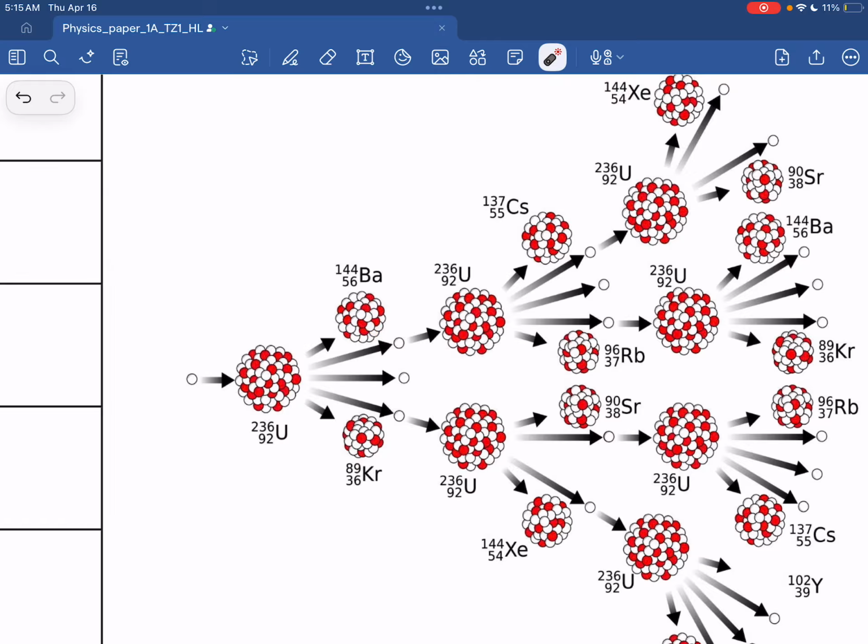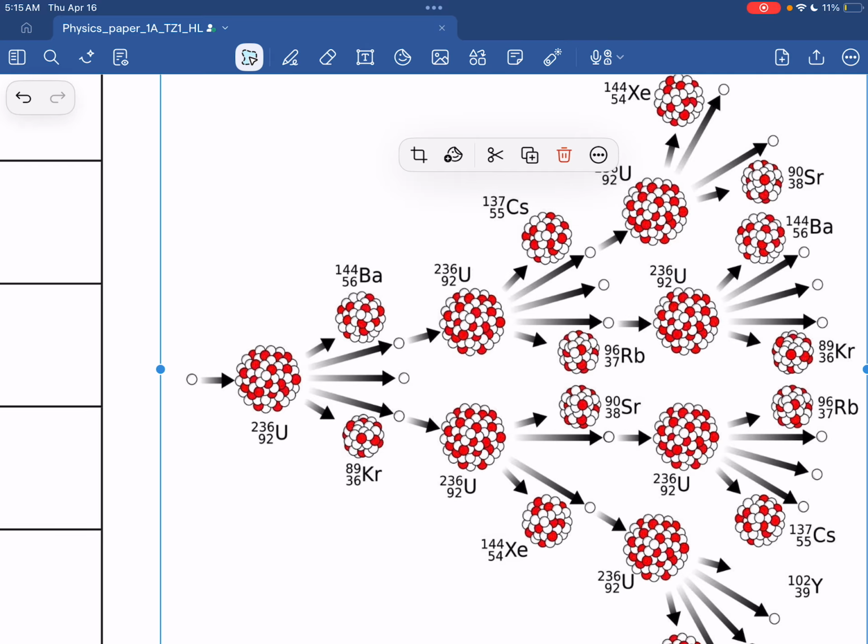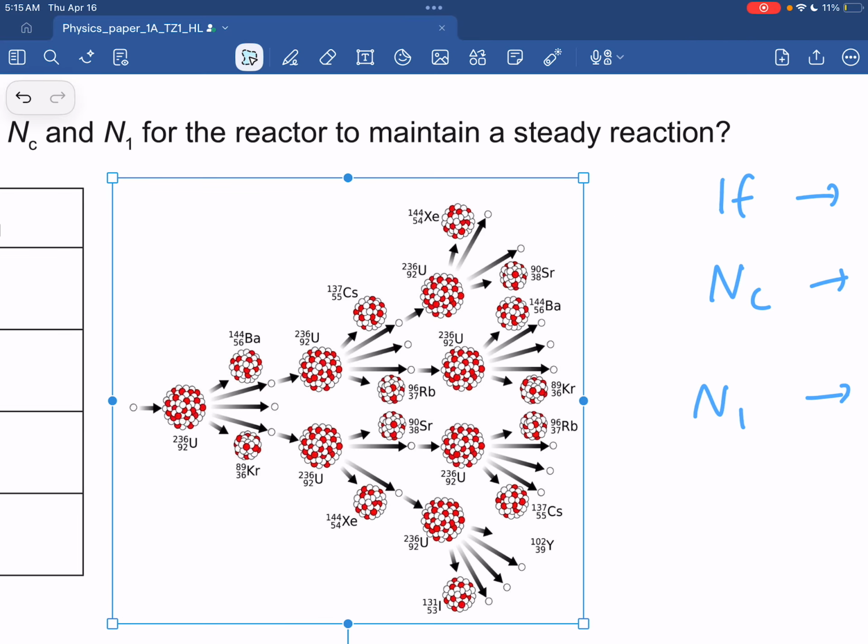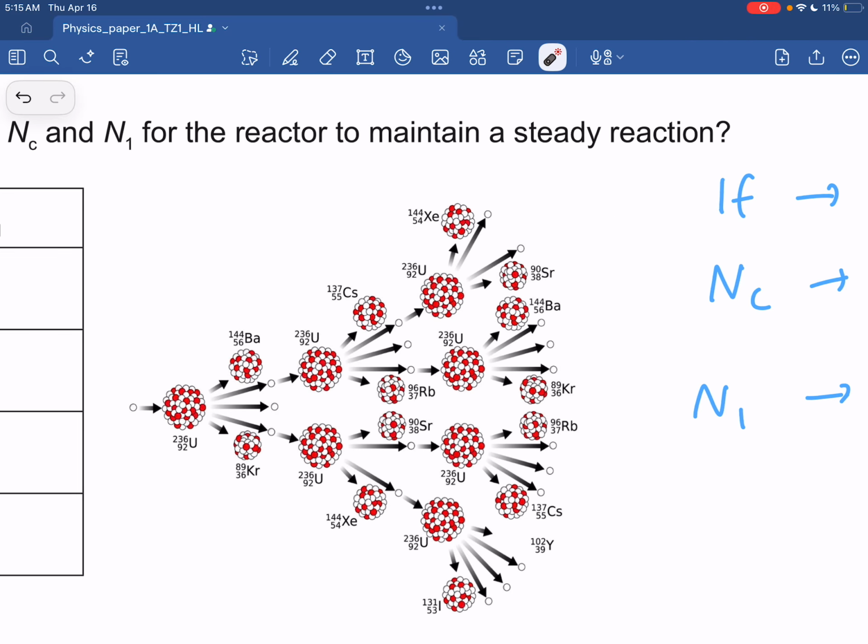It also releases more neutrons, and the other neutrons being released at a really high speed keep continuing and attack other uranium nuclei in the reactor. So that's why this happens as a chain reaction.